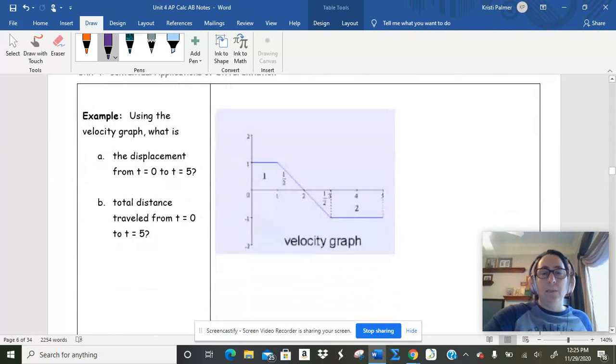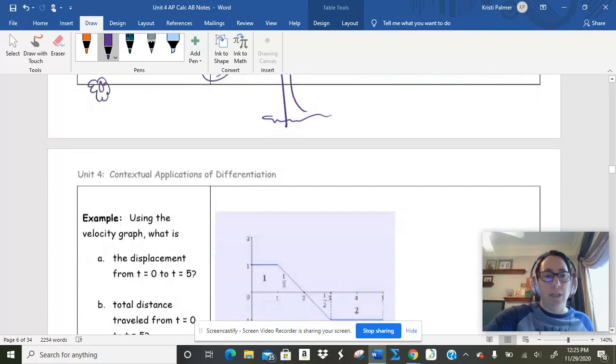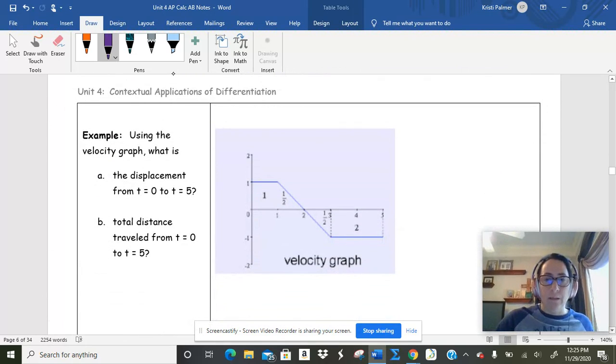So let's get that concept of what we talked about here to find this area of how many feet he has traveled. And let's look at this one. So now, again, here's my velocity graph. We can even think of it, if it makes more sense, in seconds and feet per second.